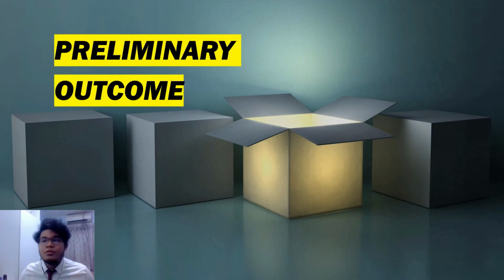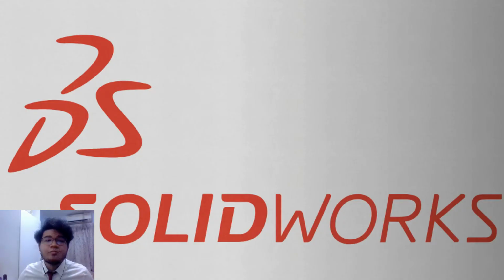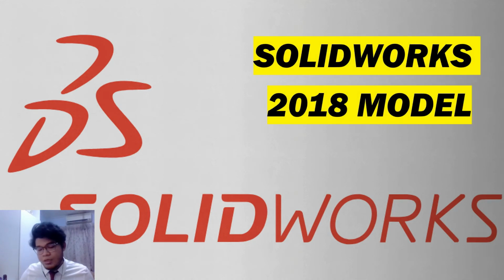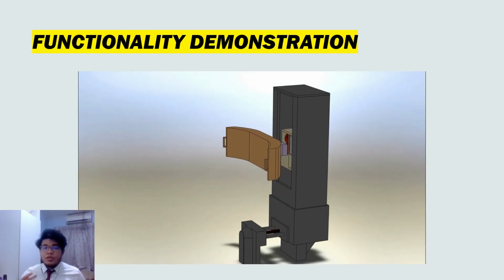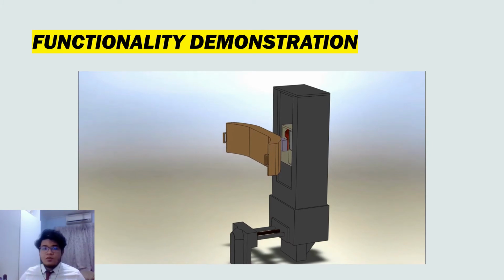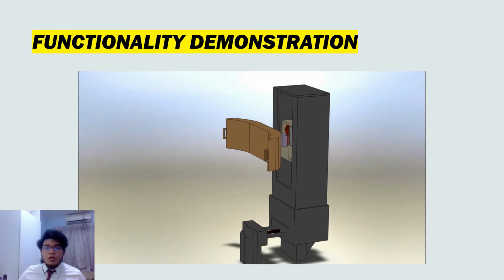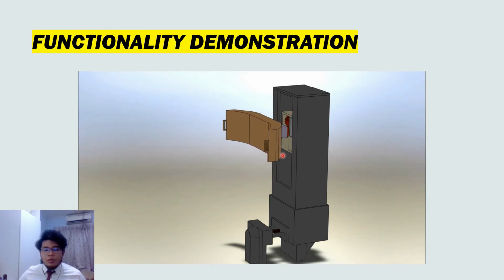Alright, let's look at the preliminary outcome. As I said earlier, I've already designed it in SolidWorks 2018. For this I will demonstrate how the functionality works. As you can see, this part will be moving up and down vertically, and this is the clamp.